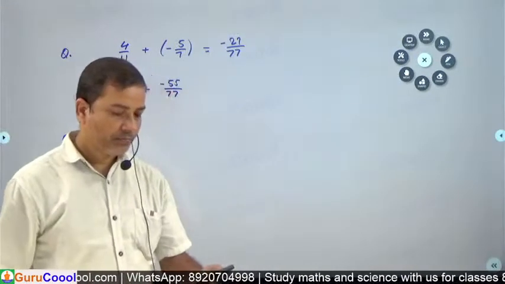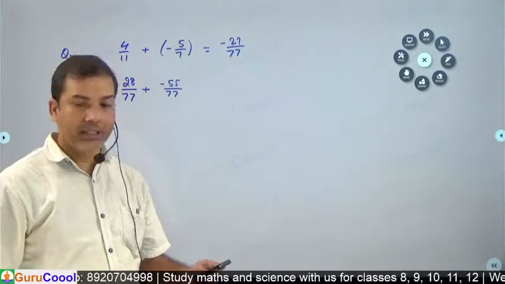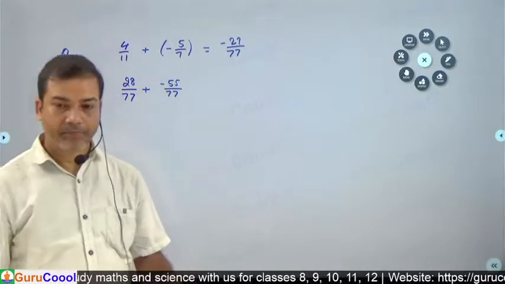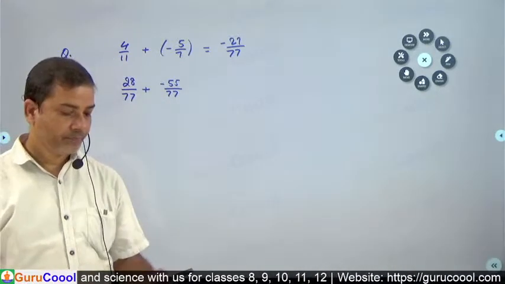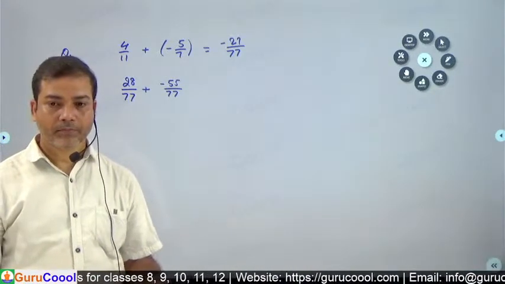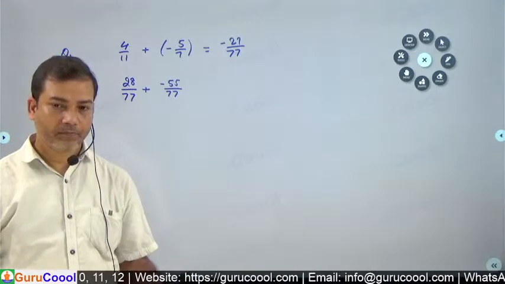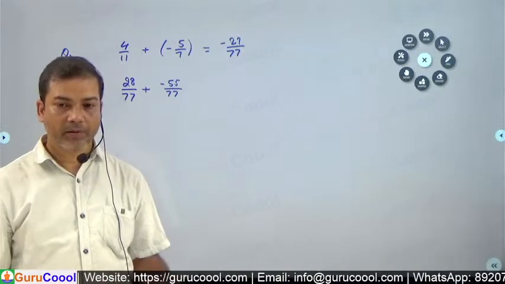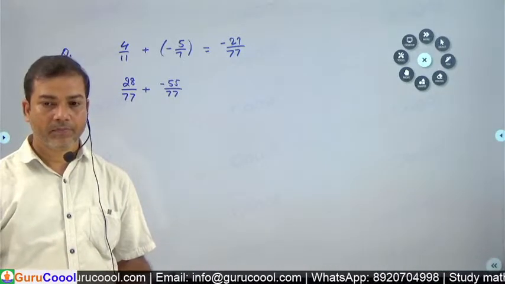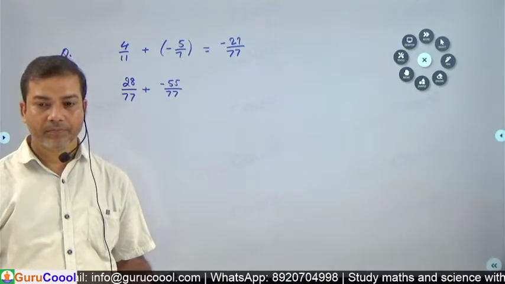Question number 2. You need to find the value of 4 by 12 minus 2 by 3. 4 by 12 minus 2 by 3. So minus 1 by 3. Minus 1 by 3. Yes, sir. Okay, David? 4 by 12 minus what, sir? No, sir.